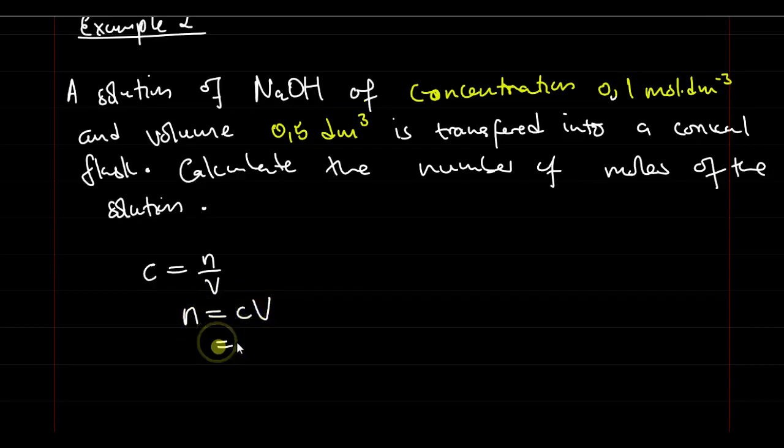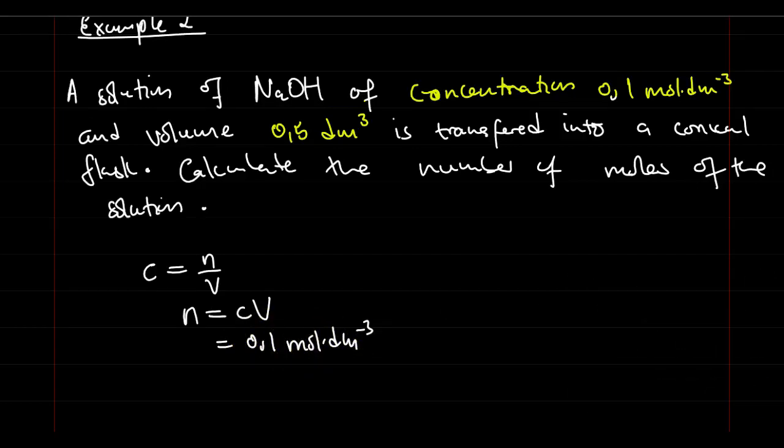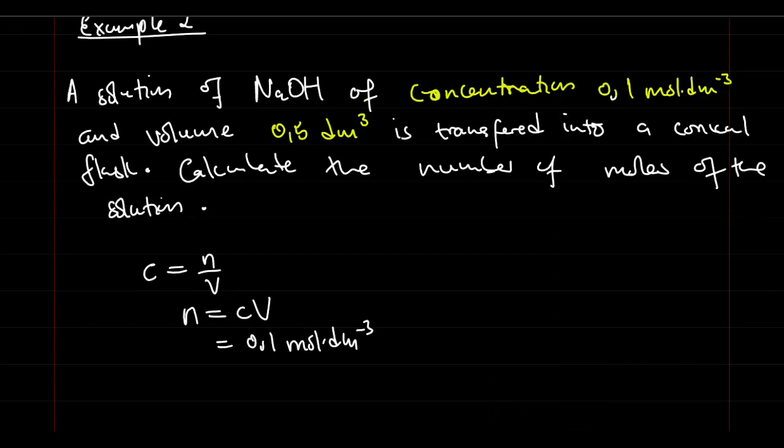You see, so C is 0.1 mole per dm cubed, multiplied by 0.5 dm cubed. So here is mole per dm cubed, here is dm cubed.